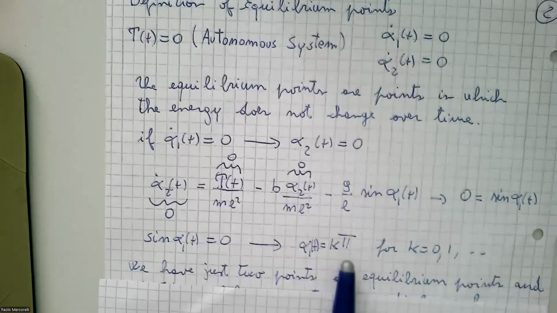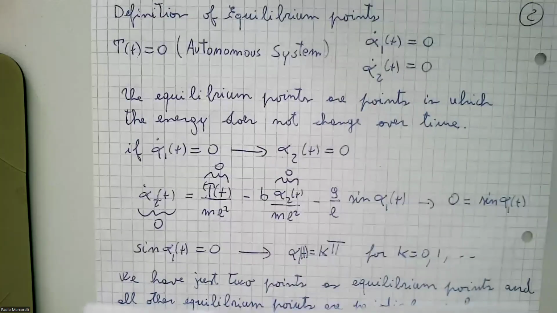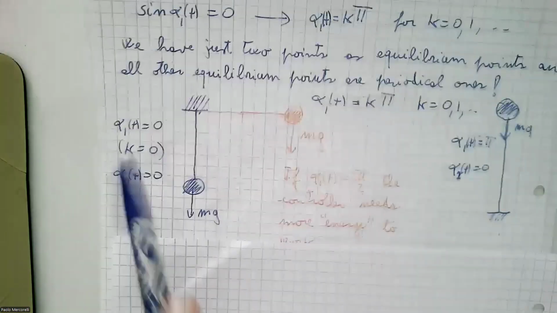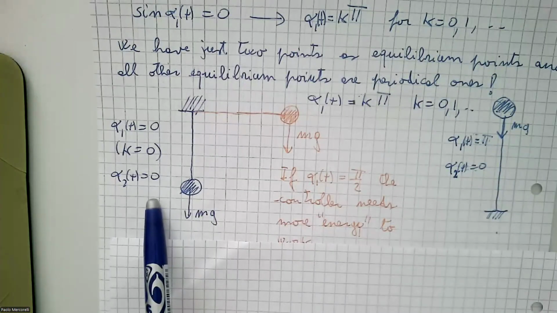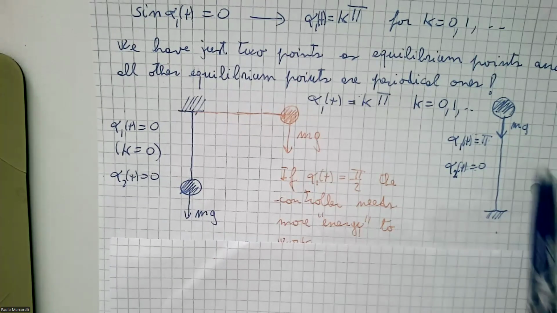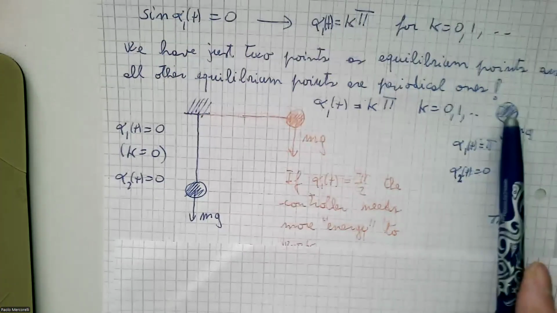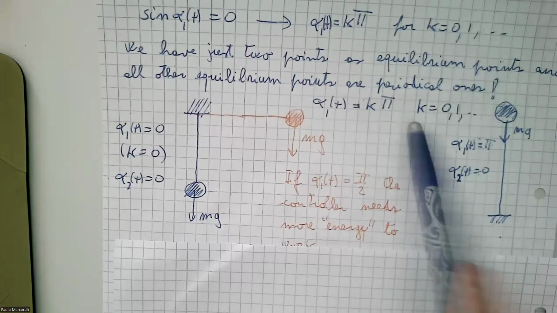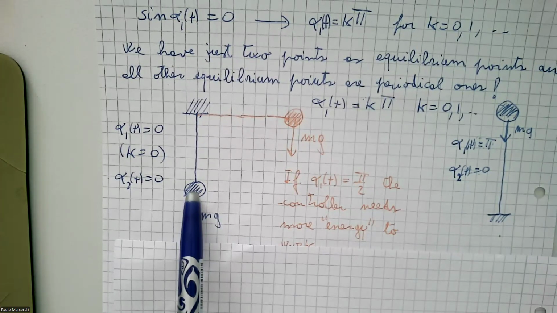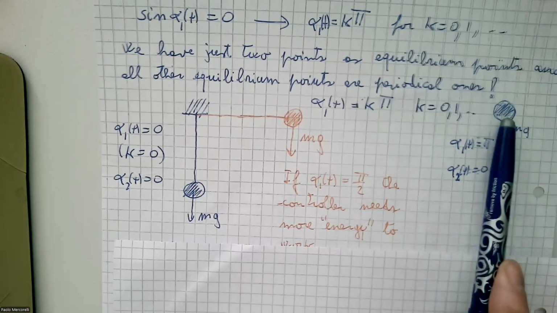Yeah, I remember well. But of course, practically, we have just two equilibrium points. Alpha 1 equals 0, alpha 2 equals 0, this one, for k equals 0. And this point here, up, down and up, for k equal 1. The rest is periodical. For k equal 2, again, this one, for k equal 3, again, this one.